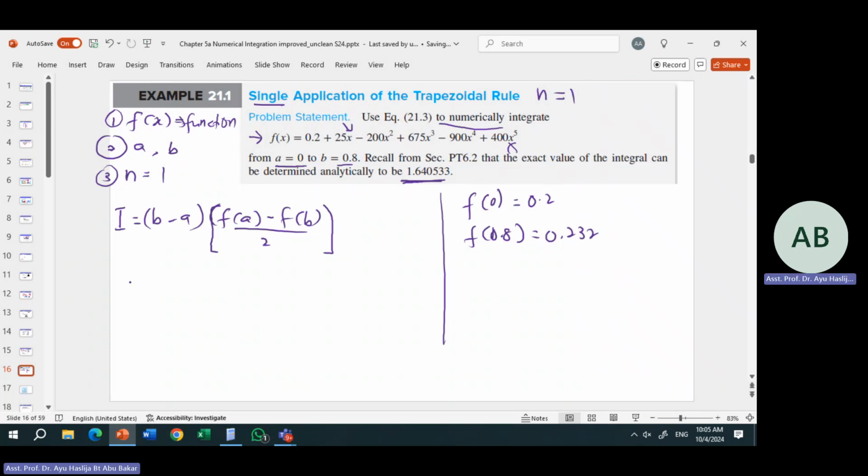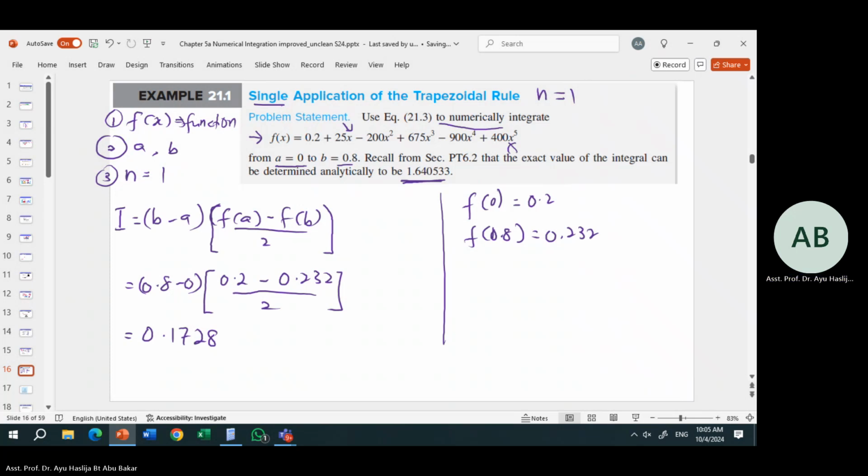Okay, then sub into the main equation. B, 0.8, minus 0, multiplied by f(a), the one that you calculated, minus f(b), over 2. You get 0.1728 from your calculation. The true value that you pressed on the calculator just now is this.